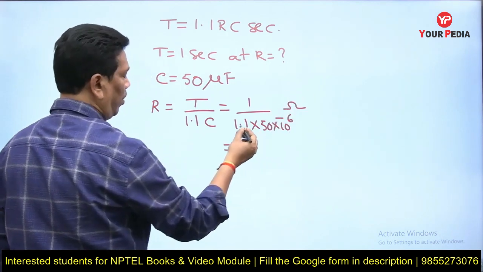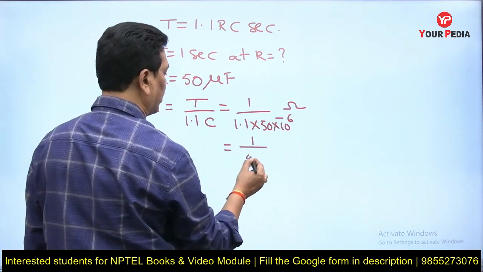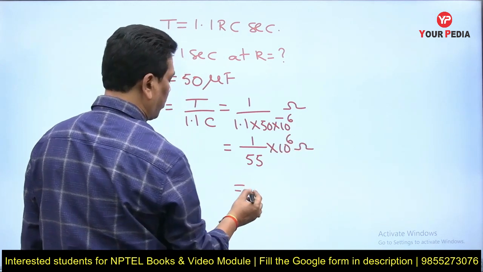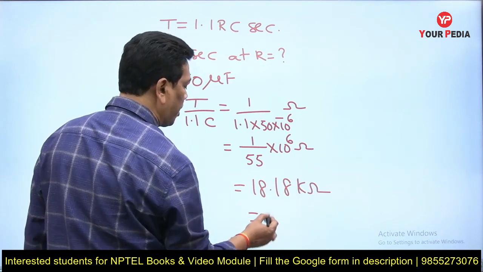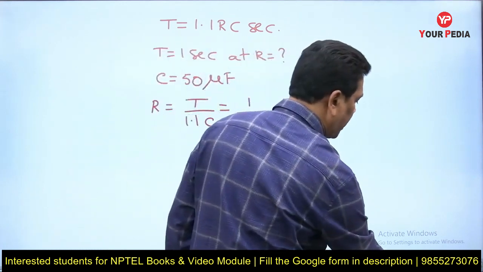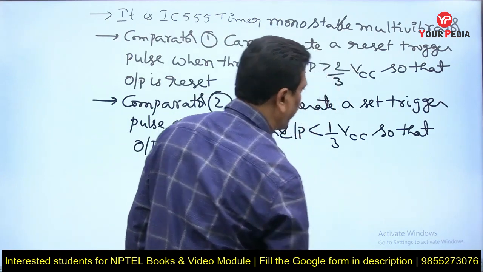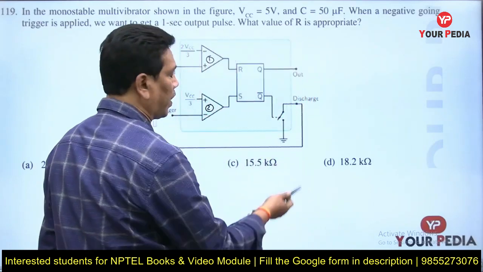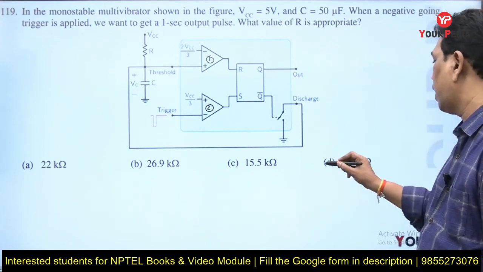So this becomes 55, 1 by 55 into 10 power 6 ohms. If you simplify this, you get 18.18 kilo ohms, around 18.2 kilo ohms. So you require 18.2 kilo ohms to get an output pulse width of 1 second.